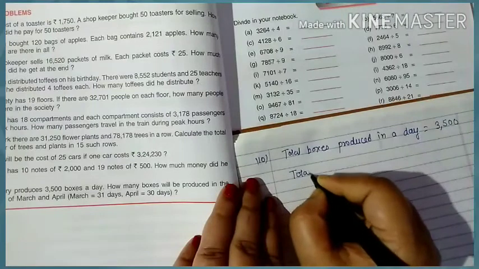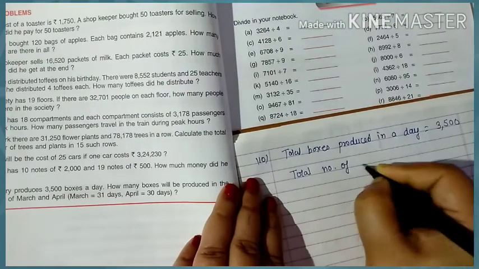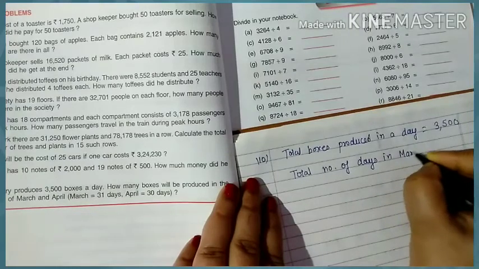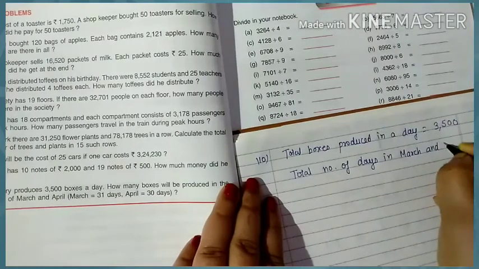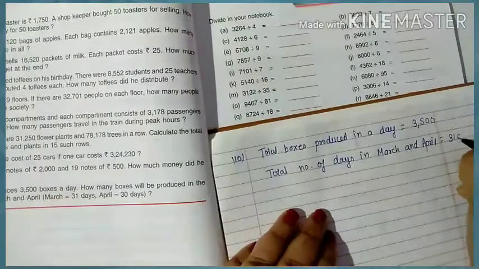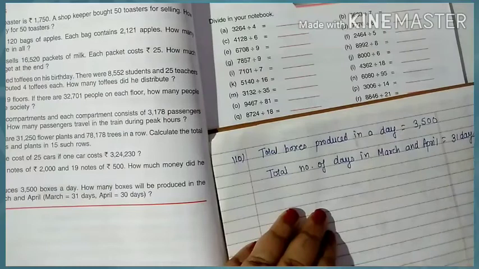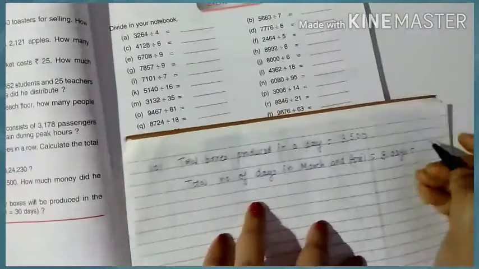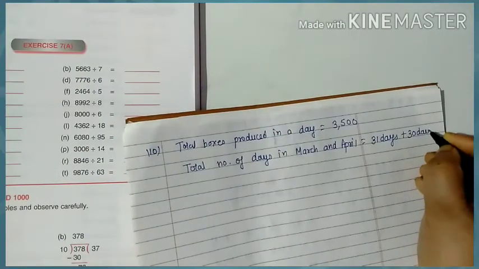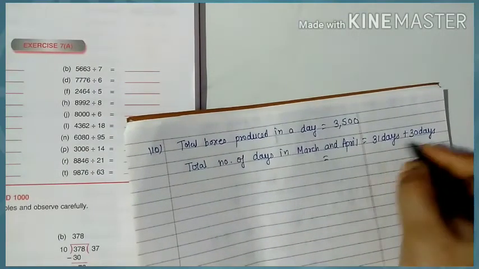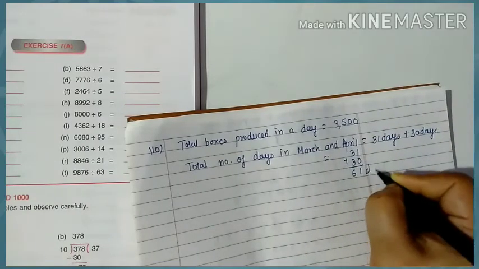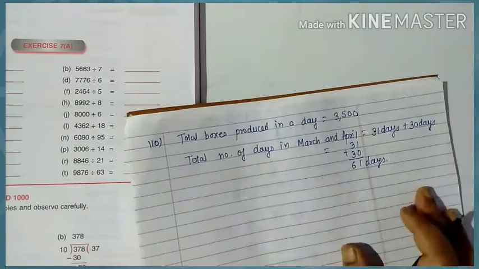Total number of days in March and April equal to 31 days plus 30 days. So how many days? 31 plus 30 days, that is equal to 61 days. Clear up to here? Okay.